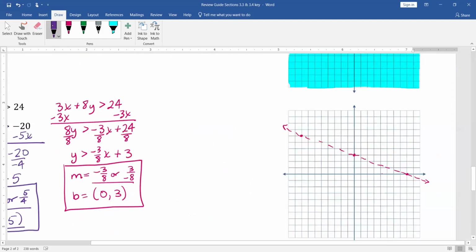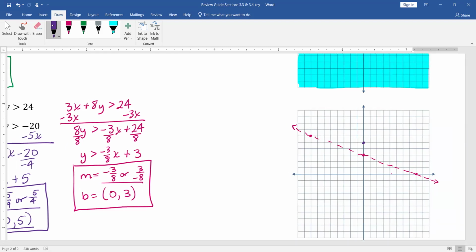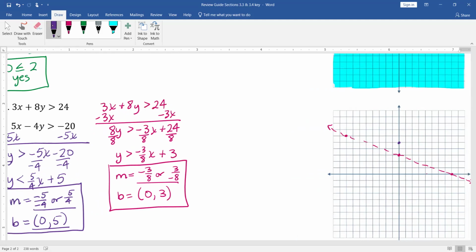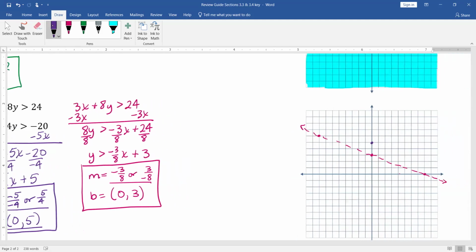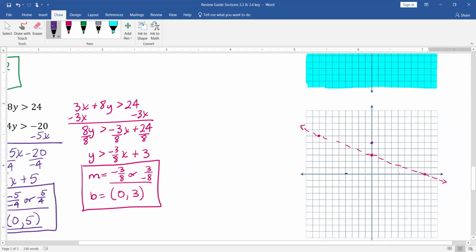All right, so first we start with our y-intercept. So go to the origin. Y-intercept is 5, so I'm going to go up 1, 2, 3, 4, 5. And then my slope, negative 5 over negative 4. I'm going to do that one first. So that means if I go down 5, 1, 2, 3, 4, 5, I have to go left right here.